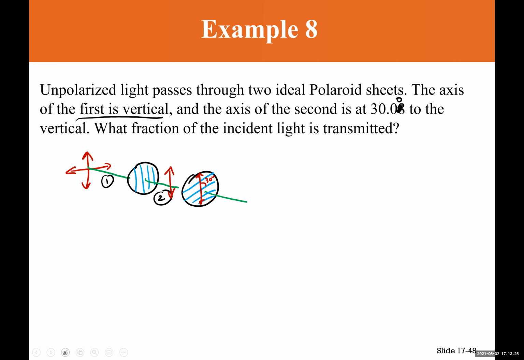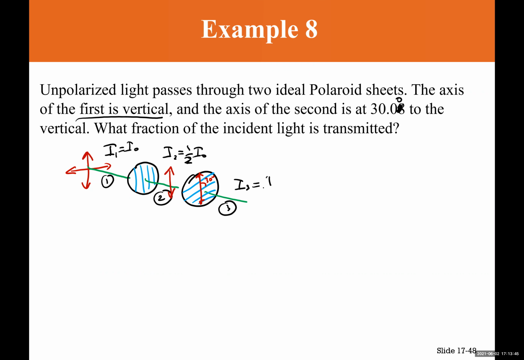All right, so now let's see what we have. This is I1, which is going to be I naught. This is then I2, which is going to be 1/2 I naught, because the light going through the first polarizer loses half of its intensity. Then here, let's call this I3, point 3.